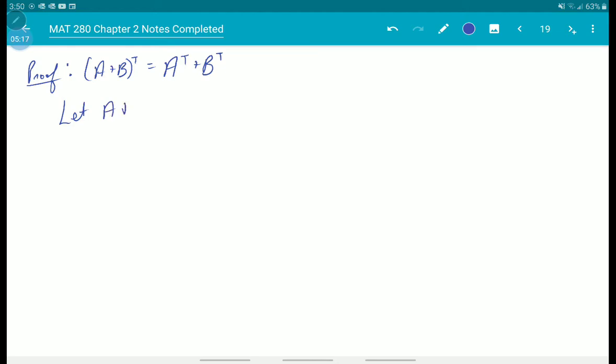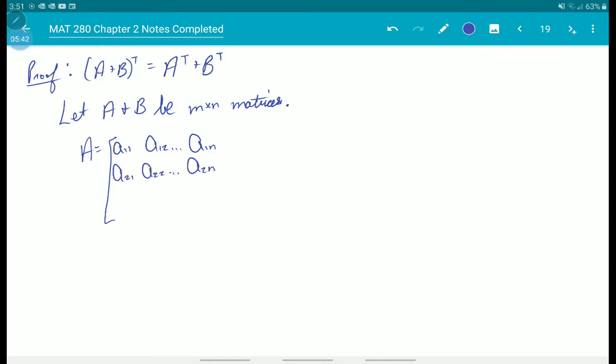So we're going to let A and B be m by n matrices. So we've defined what they are. Now let's show what they look like. So A is going to look like this. And B looks like this.